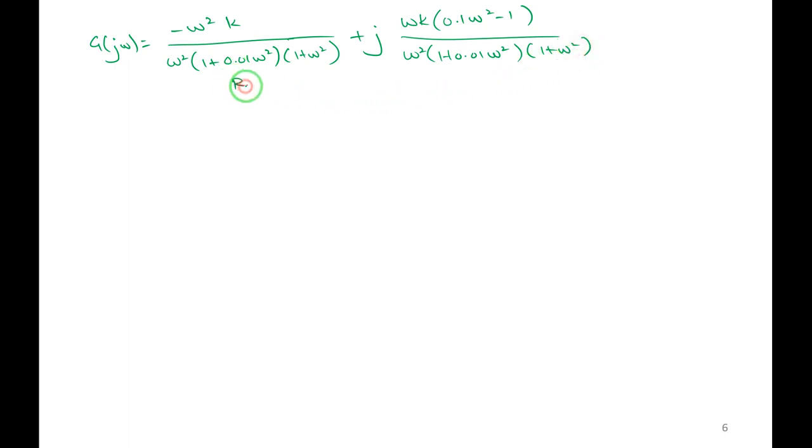So this is the real part and this is the imaginary part. So equate the imaginary part to 0. This entire thing should be equated to 0. If I equate this to 0, this denominator will go to that side and it will become 0. I am left with only this thing. So equate the imaginary part to 0.